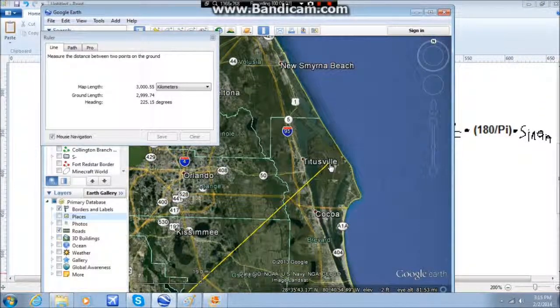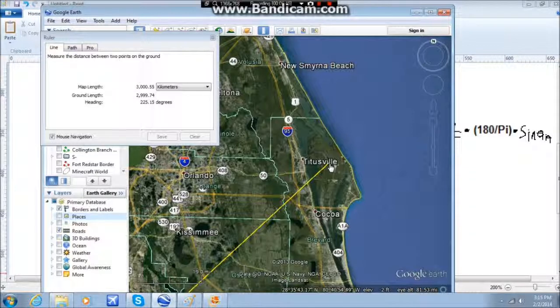The latitude is going to be 28.58 degrees latitude, and 80.67 degrees of longitude.